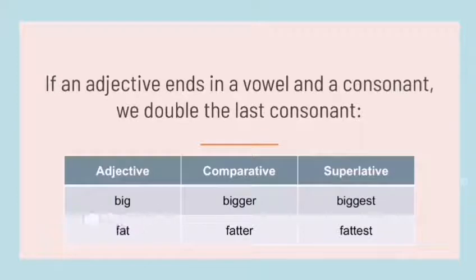For example, big will be bigger with double G, or biggest in the superlative form. For fat will be fatter or fattest. The same is going to happen with hot and many other words that you will see, maybe in a text, in a sentence, or in another place.